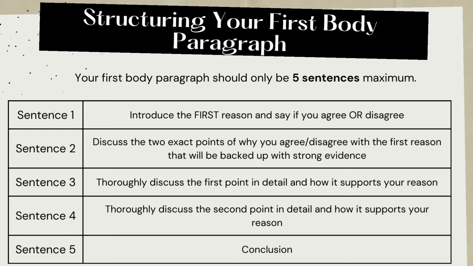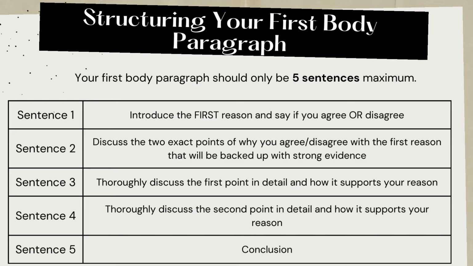Next, let's go over how you should structure the first body paragraph of your agree disagree essay. Your first body paragraph shouldn't be more than 5 sentences. You should aim for a maximum of 5 sentences. As I mentioned, the less you write, the better.